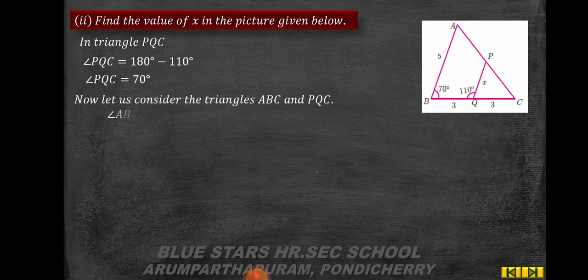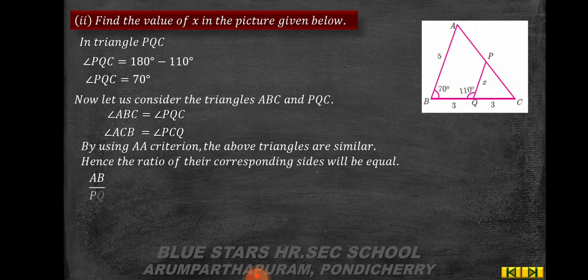Now let us consider the triangles ABC and PQC. So triangle ABC is similar to triangle PQC. Angle ABC is equal to angle PQC and angle ACB is equal to angle PCQ. By using angle criterion, the above triangles are similar. Hence, the ratio of their corresponding sides will be equal.